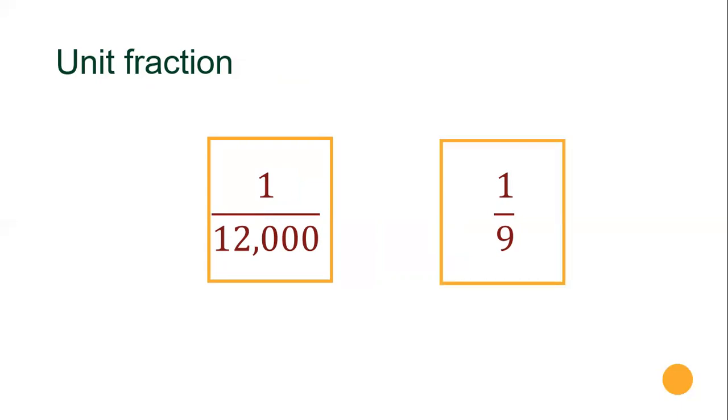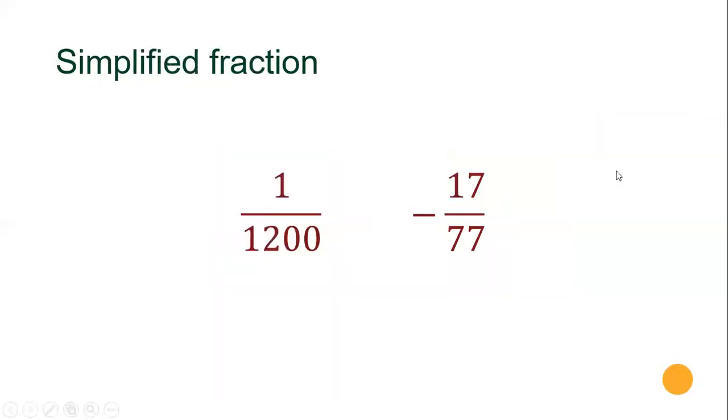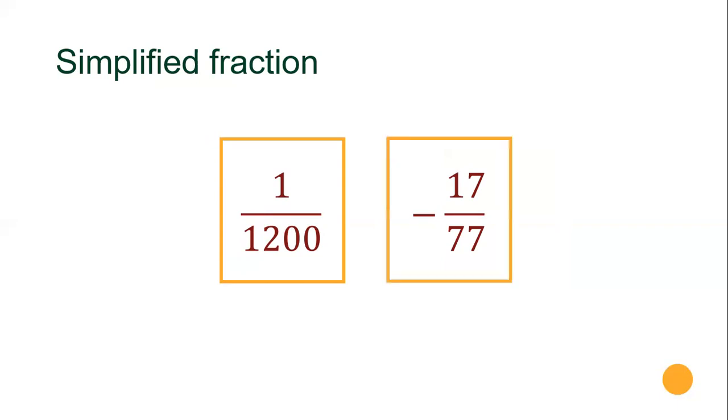Next, we have simplified fractions. A fraction whose numerator and denominator are integers and whose greatest common factor is 1 is a simplified fraction. Examples are 1 over 1,200 and negative 17 over 77.